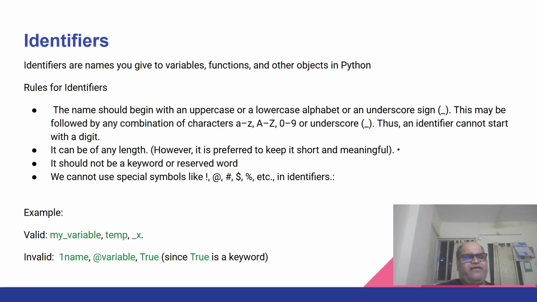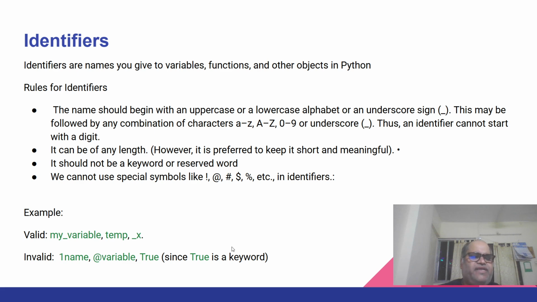So with that in mind, take an example of what you are seeing: my_variable, right? Why? Because it is starting with an alphabet, it has one or more underscores, and then a bunch of alphabets. Temp, temperature, that's perfectly fine. Underscore, yes, that is perfectly fine because underscore is permitted.